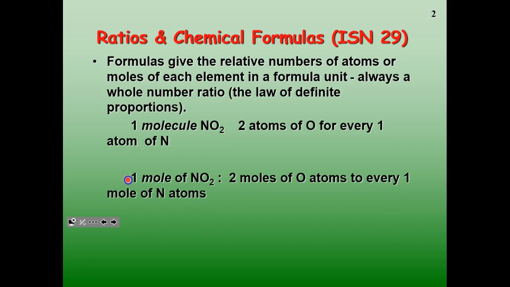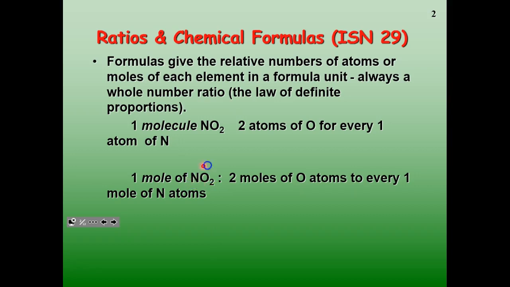Now, if we're interpreting our quantity of that substance in terms of moles, which is normally what we do, right? We don't normally deal with just one tiny, tiny molecule in the real world. So if we interpret the amount as having a mole of NO2, then it's important to realize that these subscripts actually represent moles of atoms.